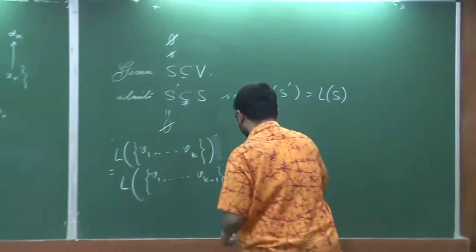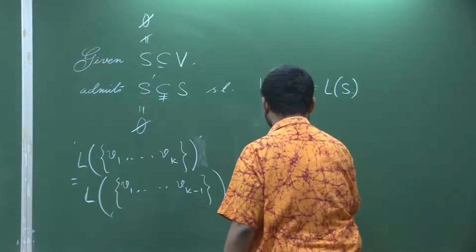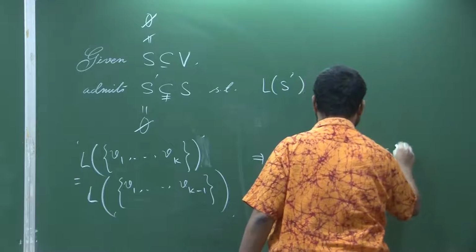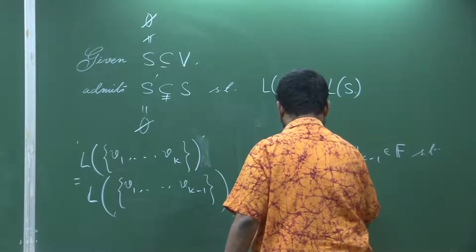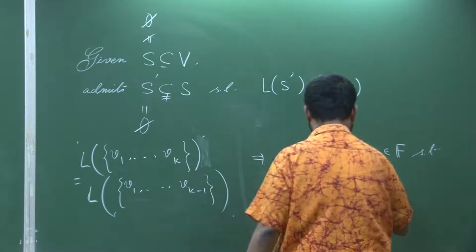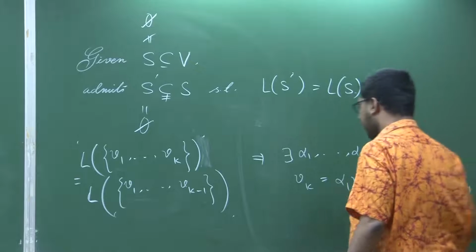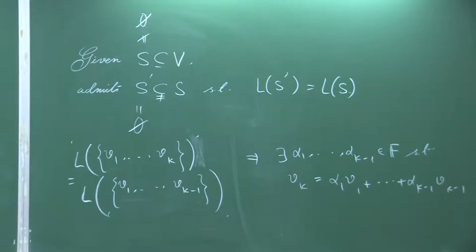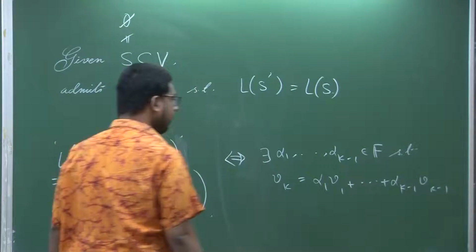So, we see if this happens, then there exist alpha 1 up to alpha k minus 1 belonging to F such that Vk equals the combination. Okay. In fact, it is if and only if. Why?